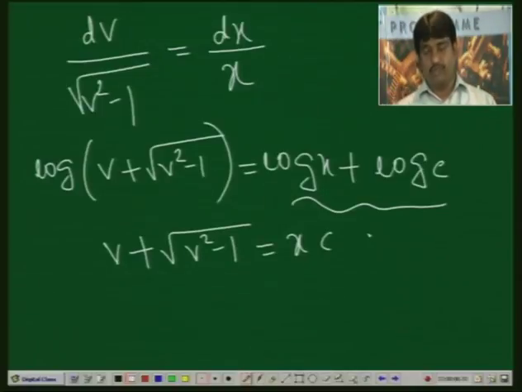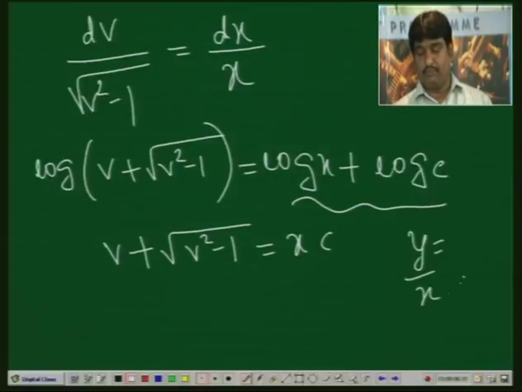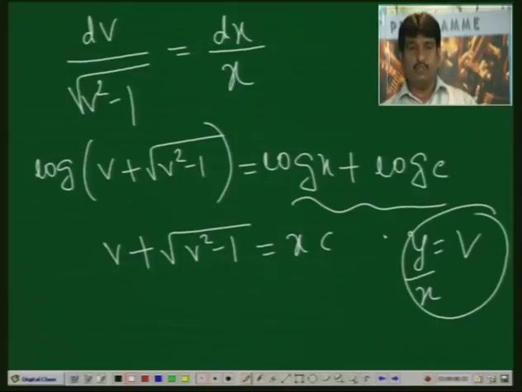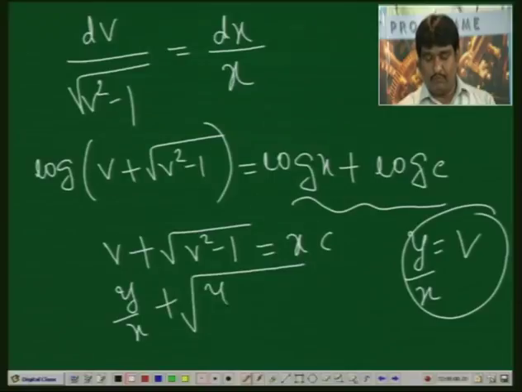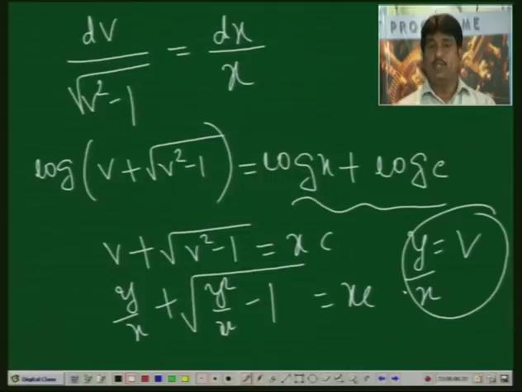Now, substitute for v. We have assumed that y by x equals v. This was our assumption, the substitution we made to convert that homogeneous differential equation into an equation in variable separable form. So you substitute this value here. v is y by x, plus root of y square by x square minus 1, equals x into c. Now, you simplify this equation.